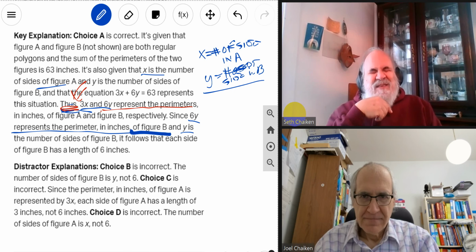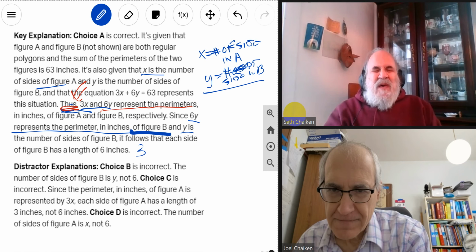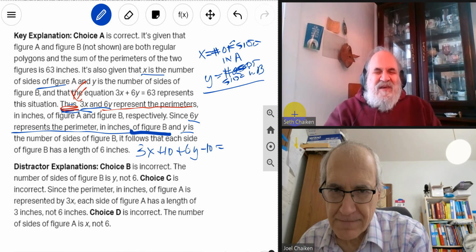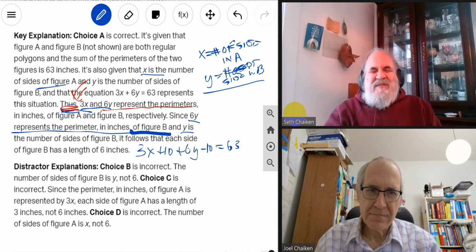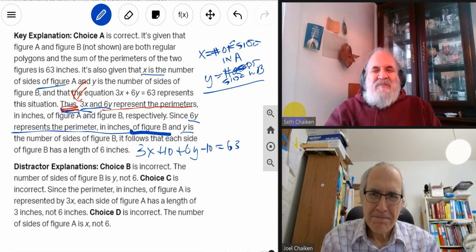That's a situation, and it is consistent with the sum of the perimeters being 63. But you could have other quantities with made-up relevance to the perimeters of the polygons that also add up to 63. You can always get two other numbers that add up to 63 by subtracting something from the first number and adding the same amount back to the second number.